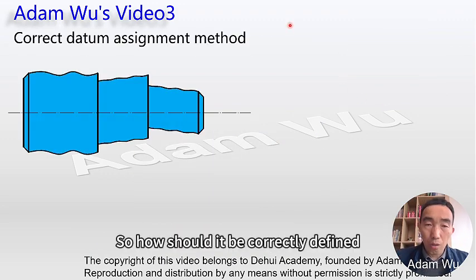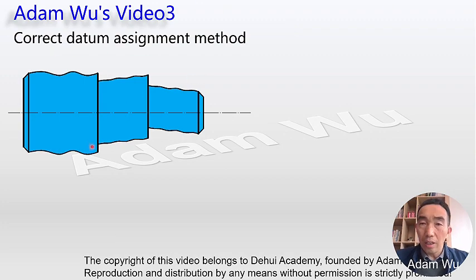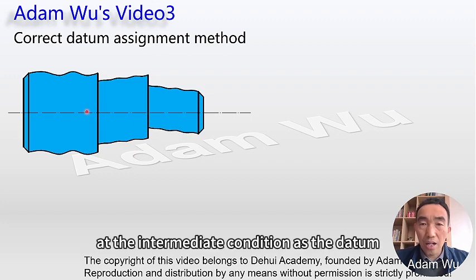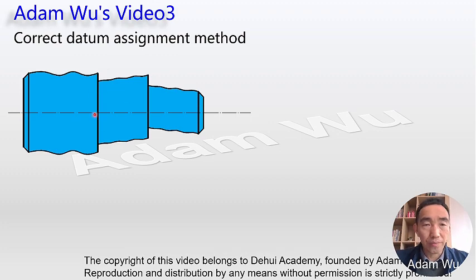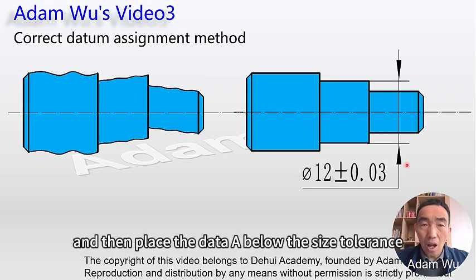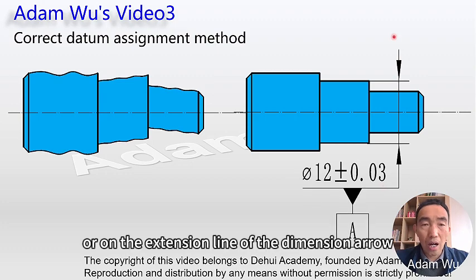So, how should it be correctly defined? Let's assume the designer wants to use the axis at the intermediate condition as the datum. We can start by specifying the size tolerance, and then place the datum A below the size tolerance, or on the extension line of the dimension area.